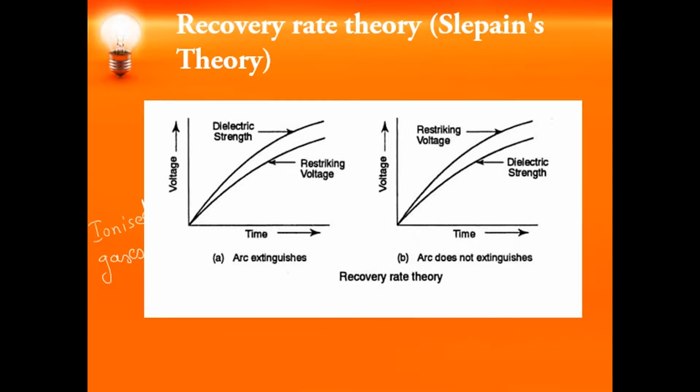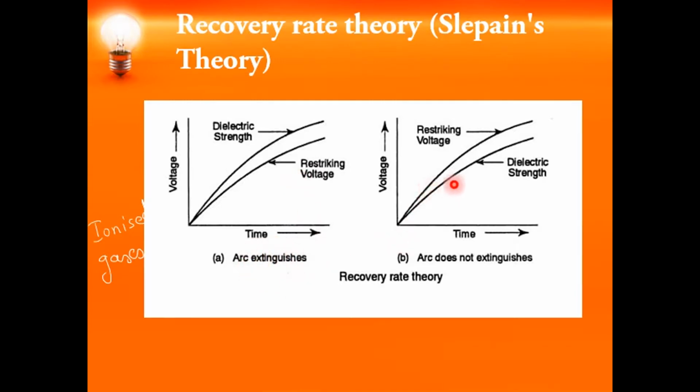has to be compared with the rate at which the restriking voltage appears across the contacts of the circuit breaker. As you can observe here, if the dielectric strength of the gap is more compared to the restriking voltage, then the arc will quench.